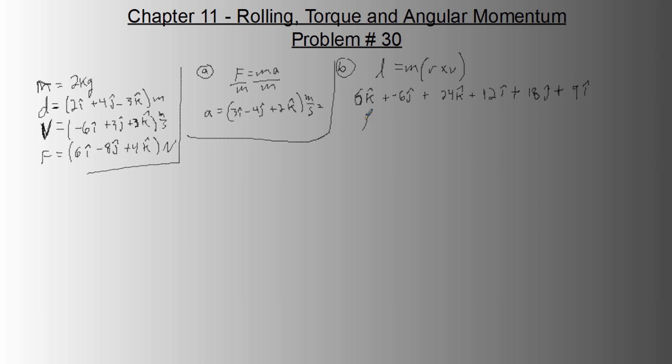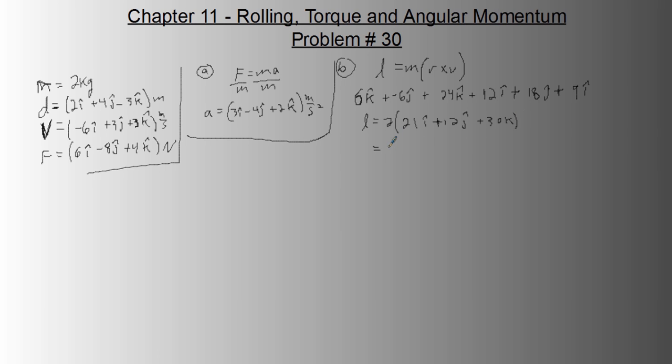Alright, let's combine them. So L, the i terms: plus 12 plus 9. We gotta multiply by 2 later. Plus 12 and 9 is 21. The j is negative 6, positive 18, so that's plus 12. And then the k's, we got plus 6, plus 24, so that's plus 30k.